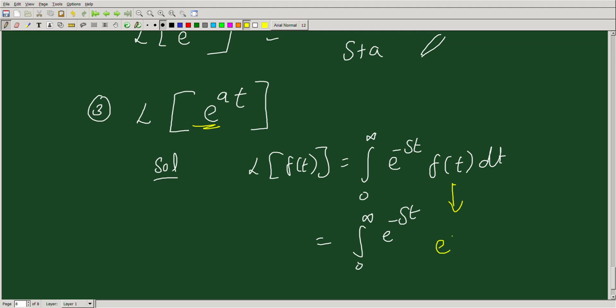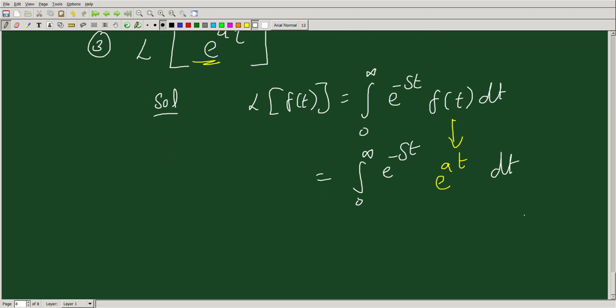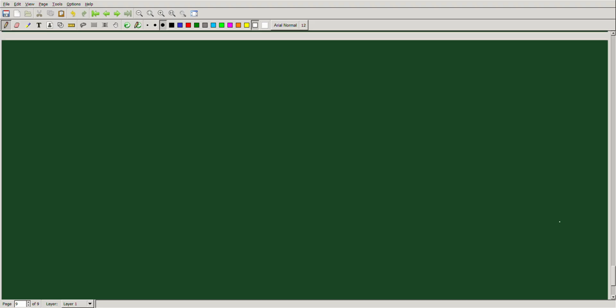Replace f of t by e power at into dt. So next step, take the negative out, that is very important. Integral 0 to infinity, taking the negative out, this will be s minus a times t into dt.